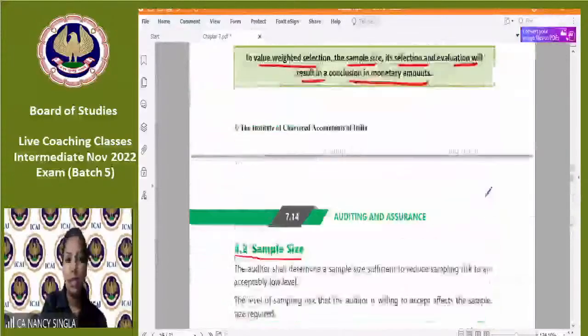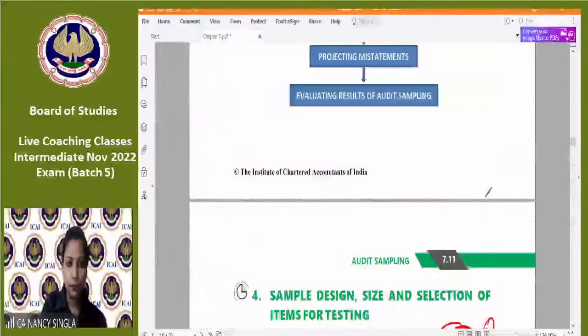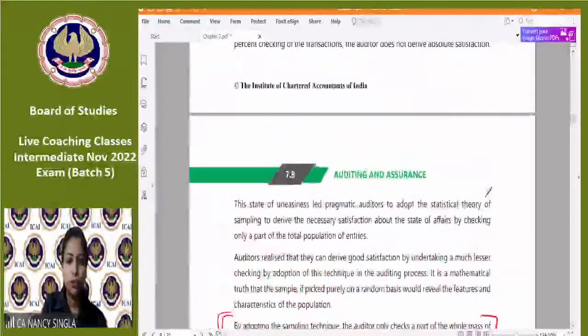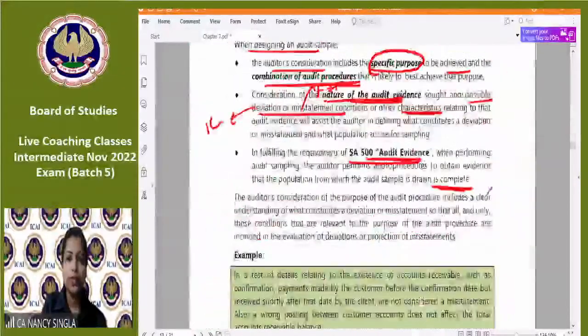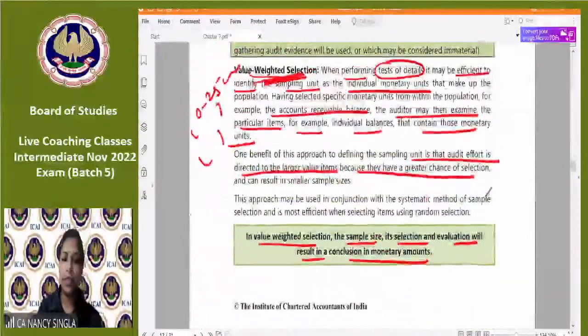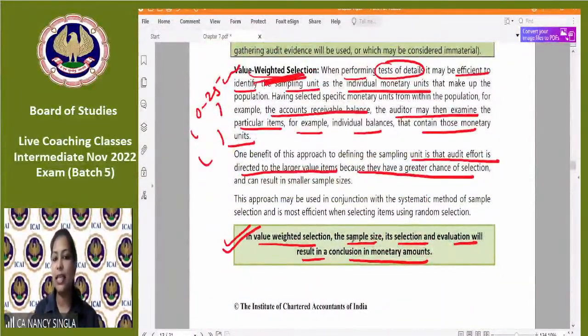Let us just have a look. So where are we? Sample design. See, in value weighted selection, you have studied the same point. In value weighted selection, the sample size, its selection, evaluation will result in conclusion in monetary amounts. ठीक है?